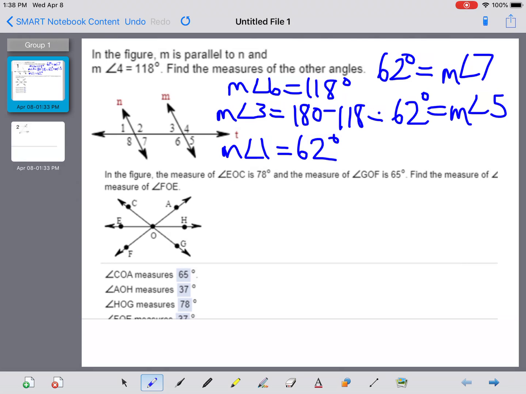Angle 2 and angle 4 are also corresponding angles. So that means the measure of angle 2 is also 118 degrees. And because angle 2 and angle 8 are vertical angles, measure of angle 8 is also 118 degrees.